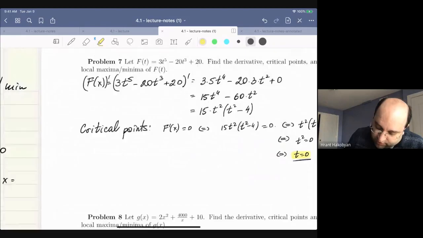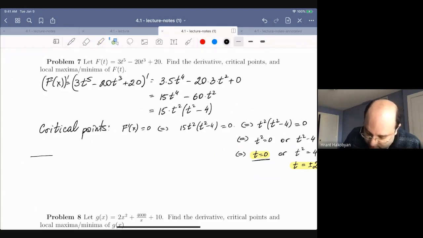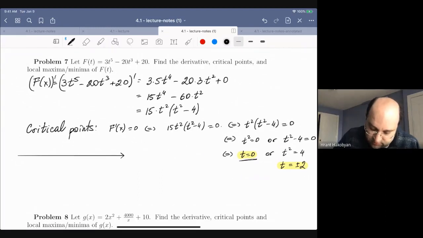So now I'm actually going to draw the number line. So let's do that, and indicate the points. So the points are negative 2 and 2 and 0. So I have negative 2 here, I have 0 here, and then I have 2 here, and so I have how many intervals?